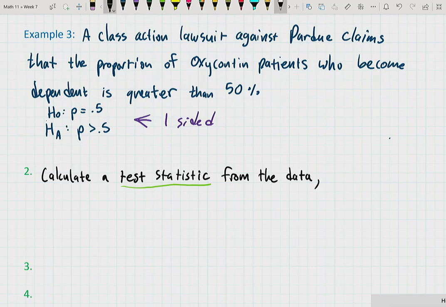And the test statistic should reflect the extent to which the data is consistent with the null hypothesis versus the alternative hypothesis.